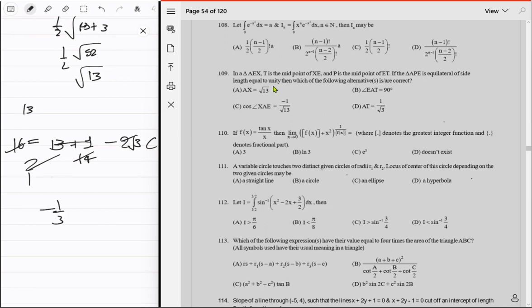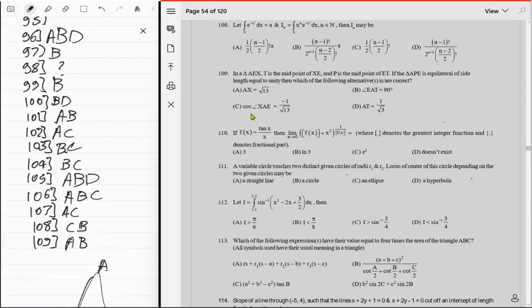Yeah, okay, square of 13 है, square of 3 थोड़ी ना. Right, so C is correct.